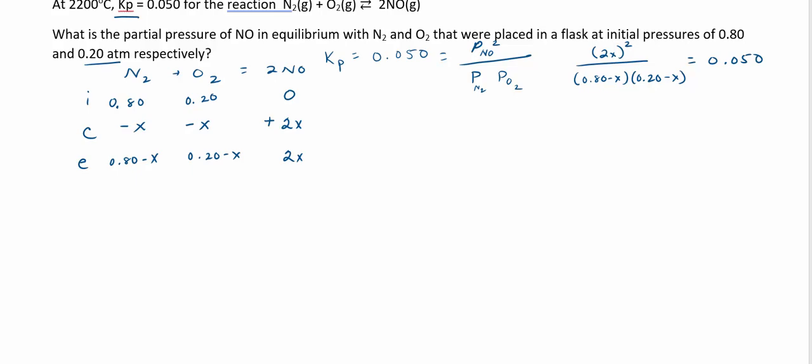Well, we're going to multiply both sides by the denominator first. That's going to get rid of the denominator on the left side. And I'm also going to square this 2x. So when I square 2x, I get 4x squared, because remember, I got to square both sides of that. So on the right side of the equation, I have 0.050 times what was in my denominator.